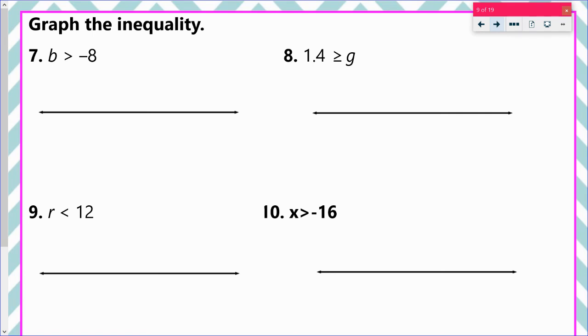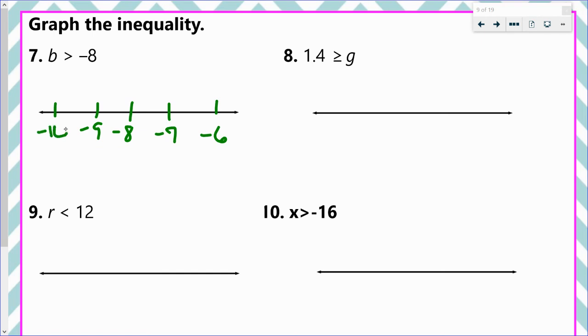So I'm going to start with the first one. I'm going to do -8, -7, -6, -9, -10. If B is greater than -8, open circle on -8, shading to the right.